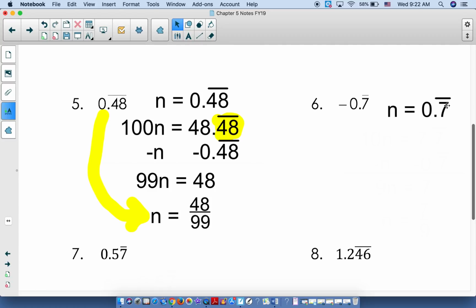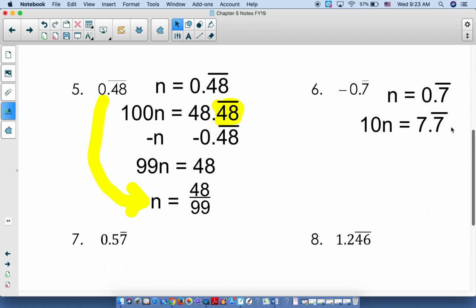I only need one of them over there because there's only one digit that's repeating. So I'm going to multiply this by 10. So now I've multiplied both sides by 10. And I have 10n equals 7.7 repeated.